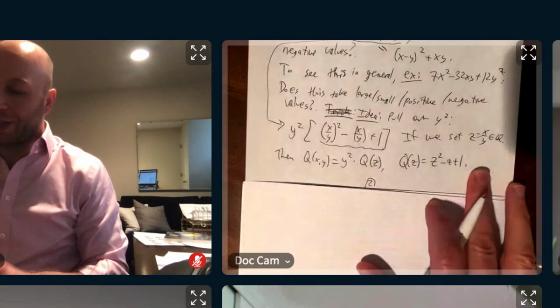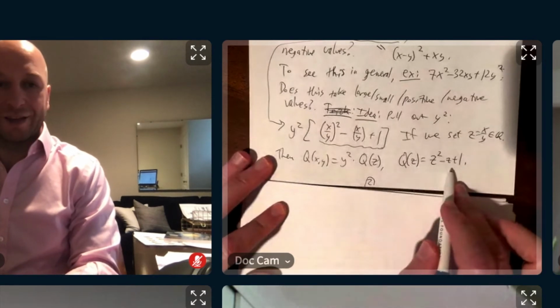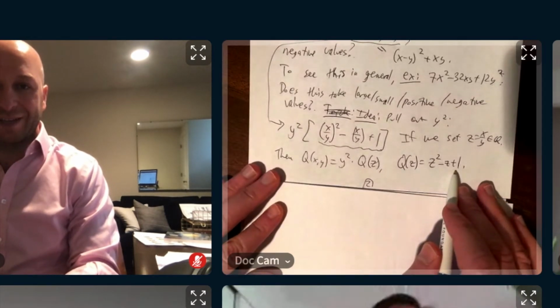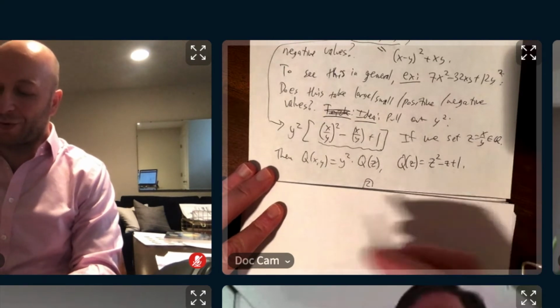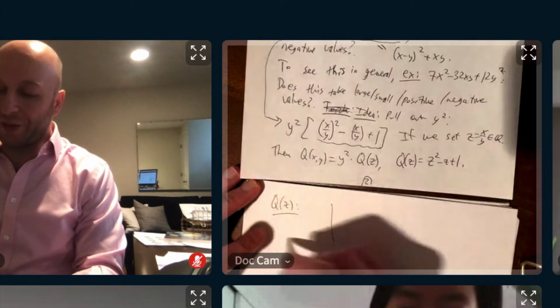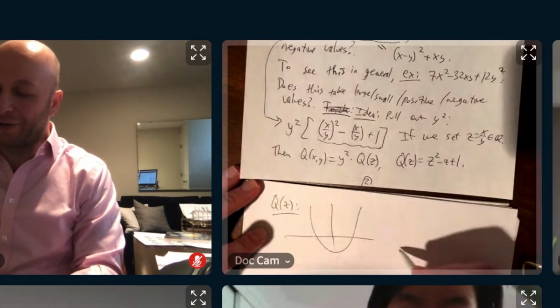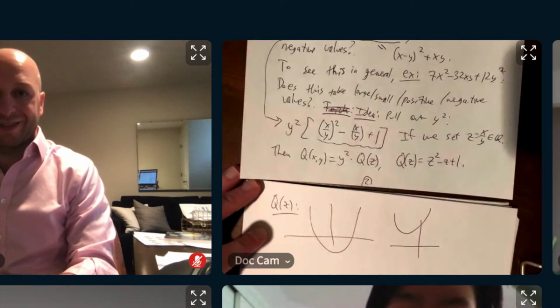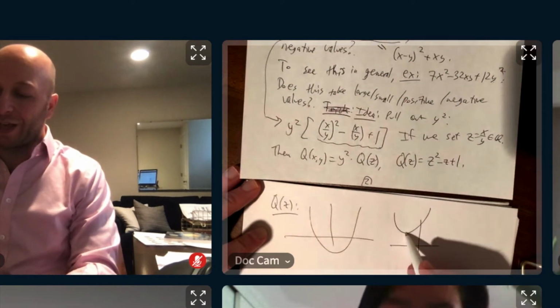Okay? But what's the graph of this thing? Well, it's a parabola. It's an upwards facing parabola. So this q of z is an upwards facing parabola. So either it looks like this or it looks like this. This would mean it only takes positive values.